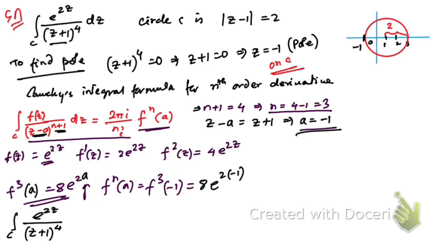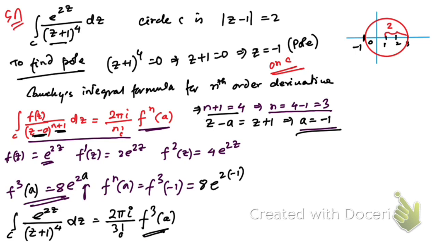So that's why n plus 1 is equal to 4, which gives n is equal to 3, right? So if n is equal to 3, then this factorial n will be factorial 3. So we're going to have 2 pi I by factorial 3, then the nth order derivative of f at z is equal to a.